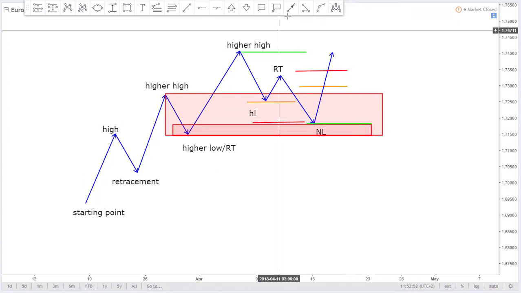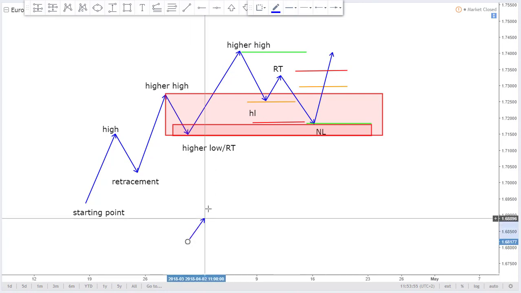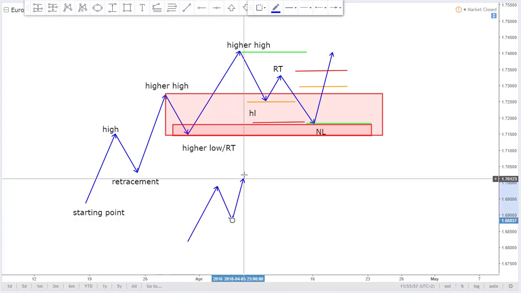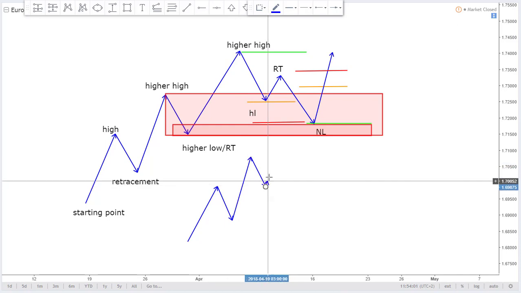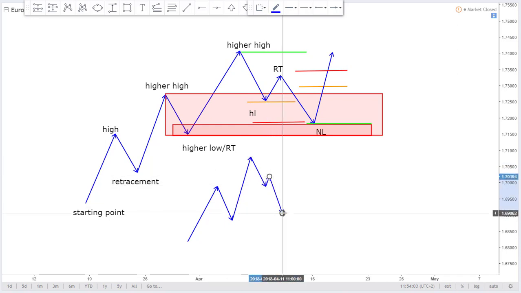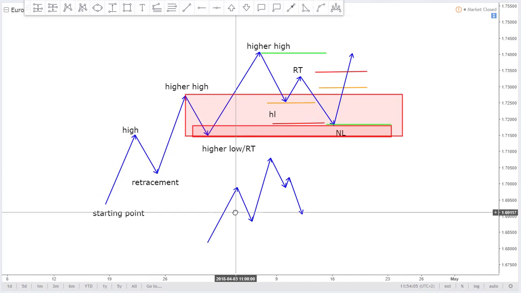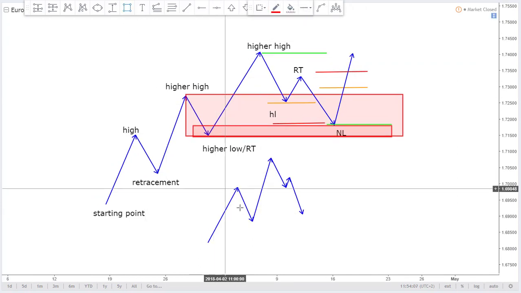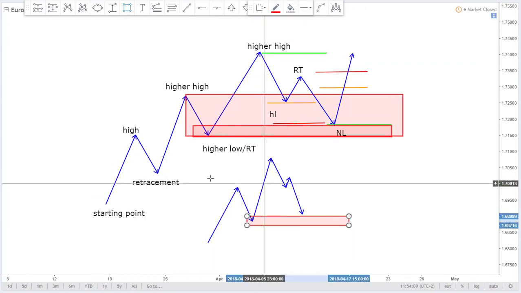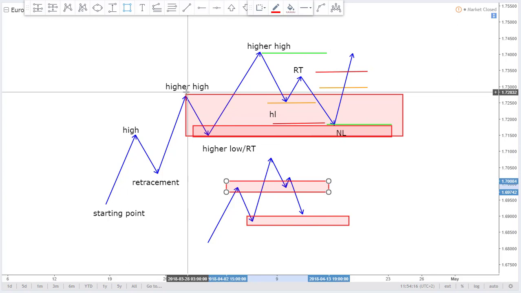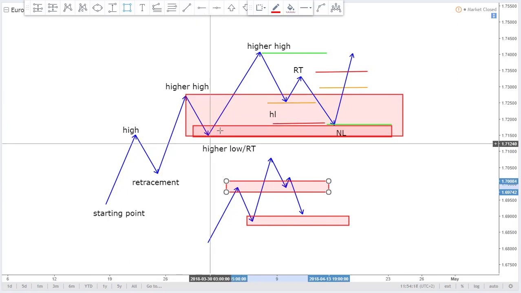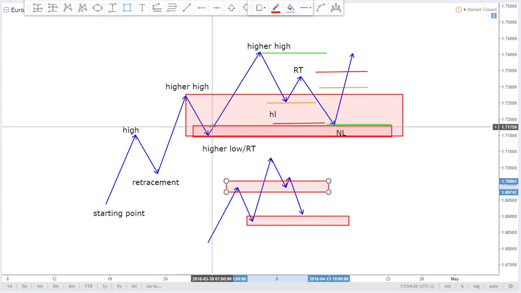Price usually does something like this, goes up, gives us a straight pullback right here, or it could give you a complex pullback to these lows right here. It doesn't matter where it gives you a complex pullback. Knowing that if price doesn't violate these levels of structure, you need to be only looking to go bullish rather than bearish.